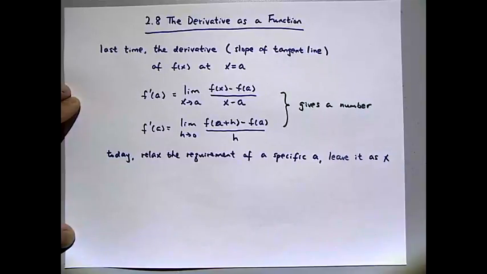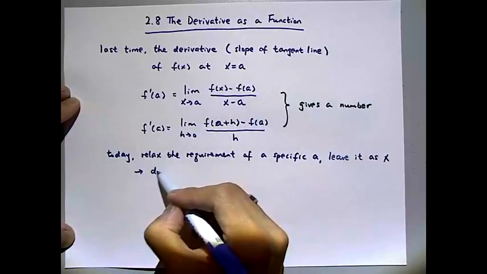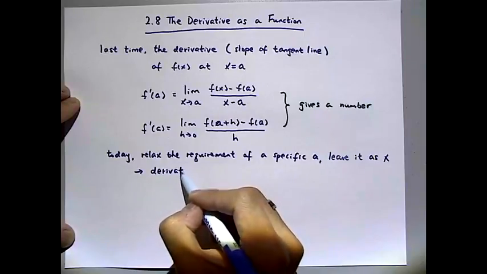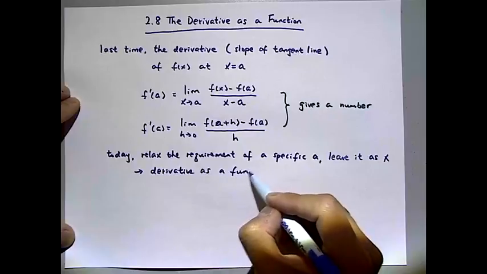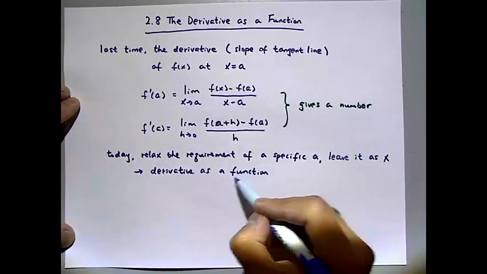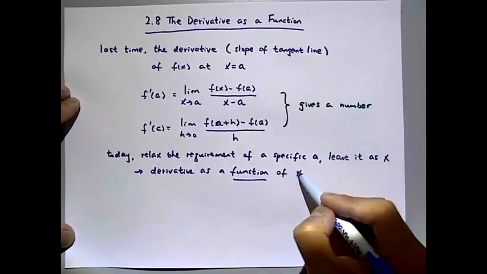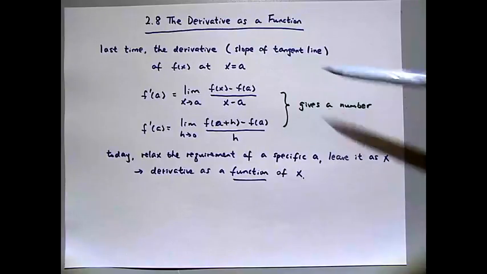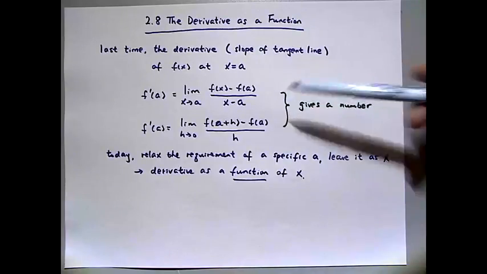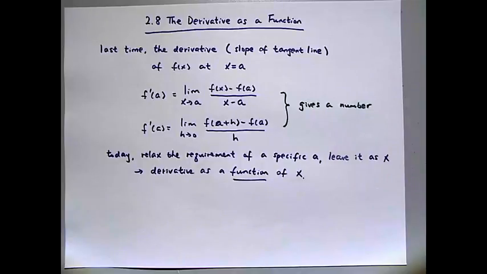We'll leave it as a yet to be determined value of x, and the outcome is the derivative as a function of x. So you get an entire function, and if you want to plug in a different a at a later point, all you do is plug that a into the new function you got, as opposed to doing this each time for a new value of a.